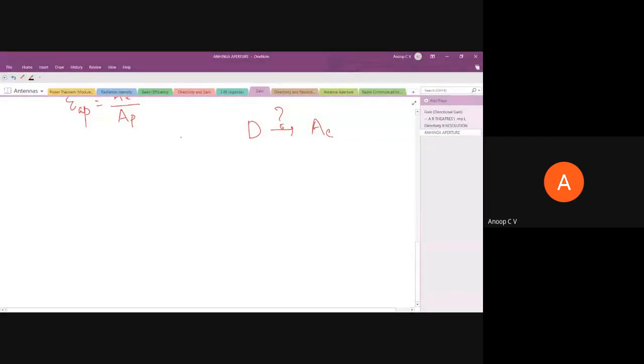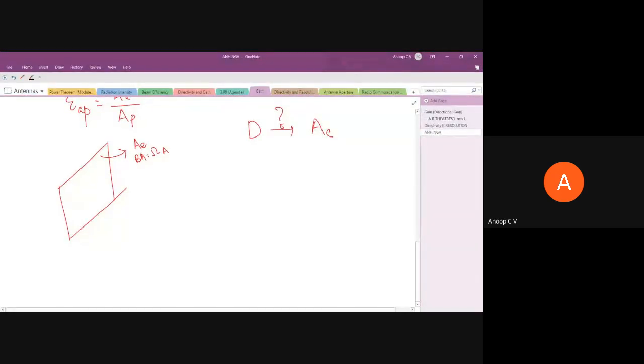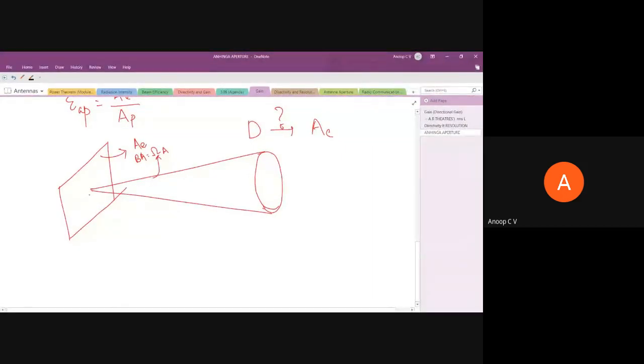For that, I'm considering an antenna with effective aperture AE and beam area equal to omega A. You can assume whatever power is radiated by this antenna is confined within a cone of beam area omega A. So the total power radiated by this antenna is confined within this cone of solid angle omega A.